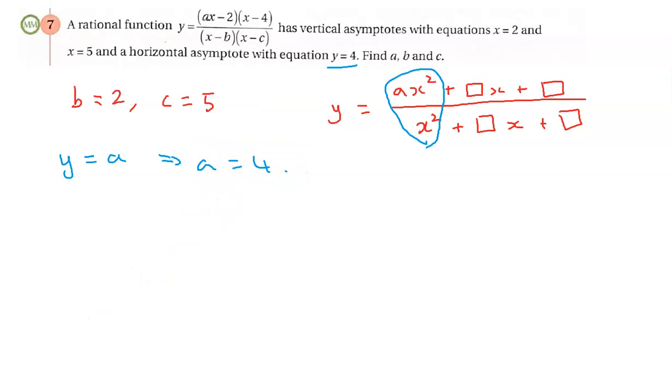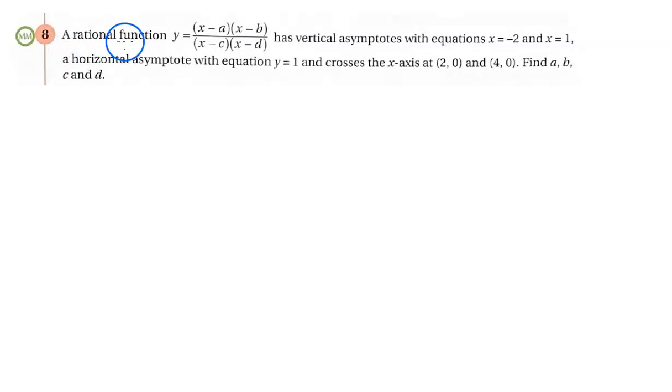And we're done. Question 8 says a rational function y equals (x − a)(x − b) divided by (x − c)(x − d) has vertical asymptotes with the equations x equals −2 and x equals 1. So c equals −2, d equals 1.